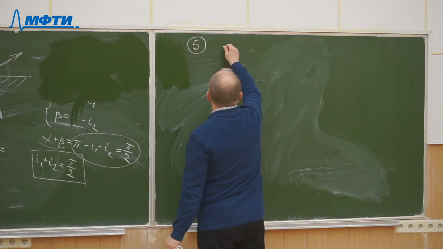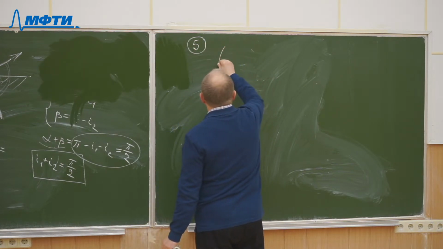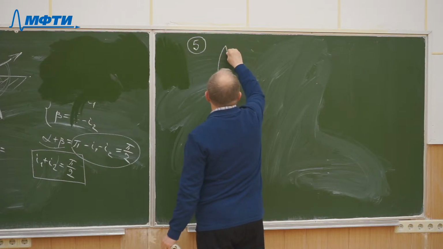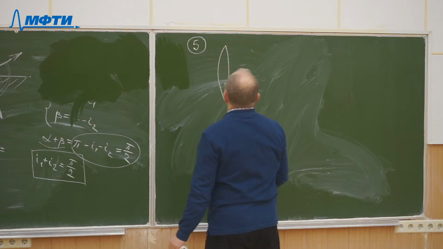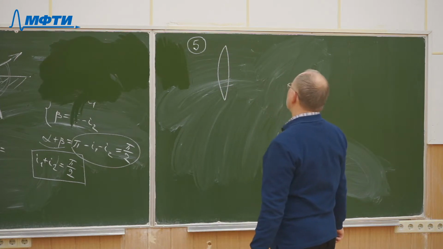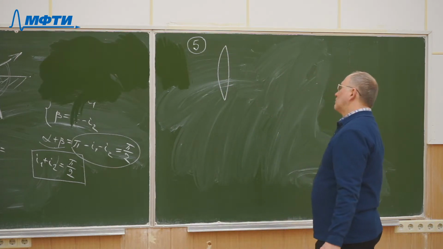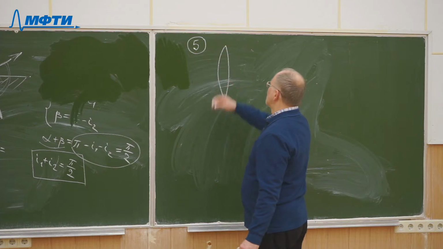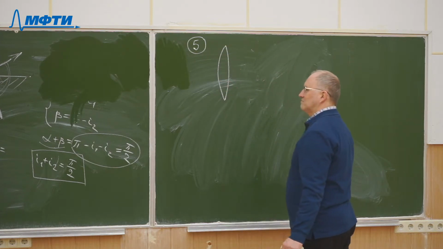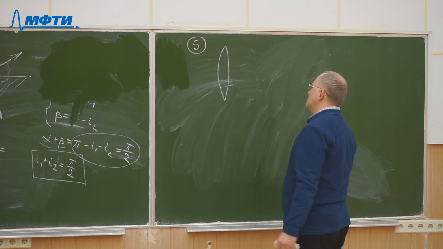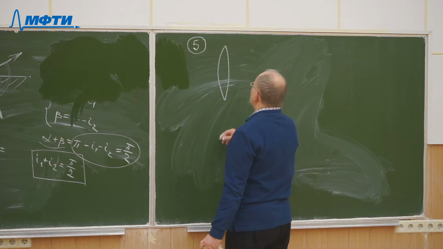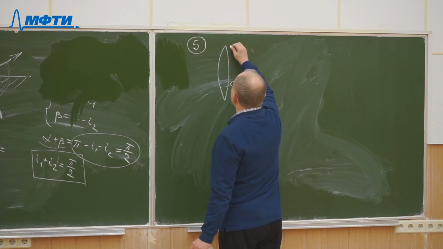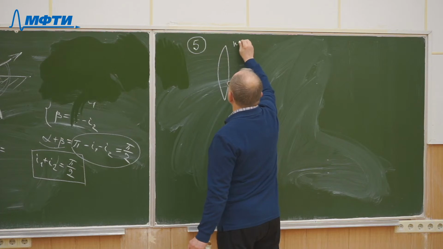What is a lens? Lens is such an object which is made of glass or some other transparent material which must be solid and transparent. And usually we use materials with a high index of refraction.